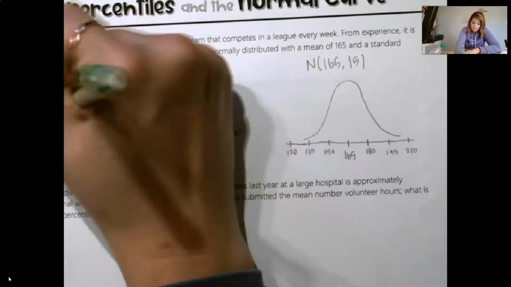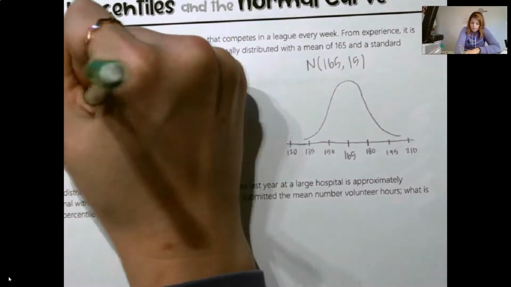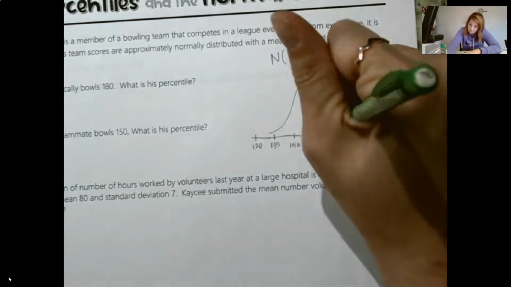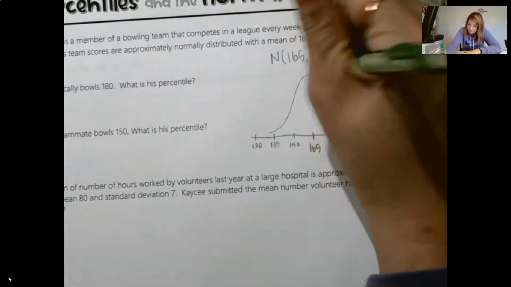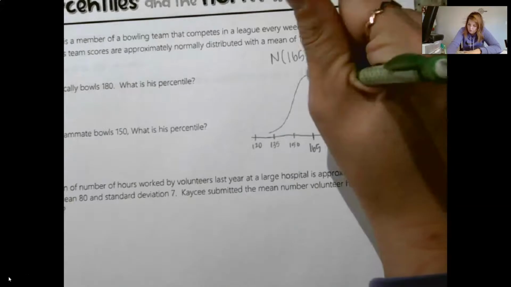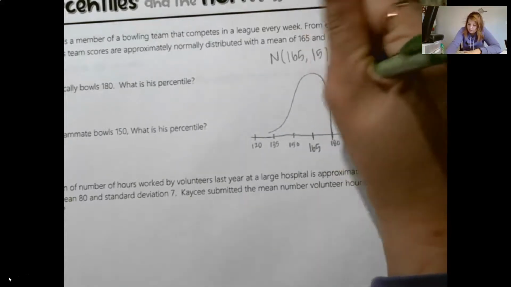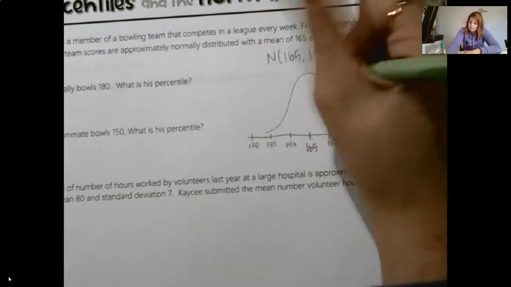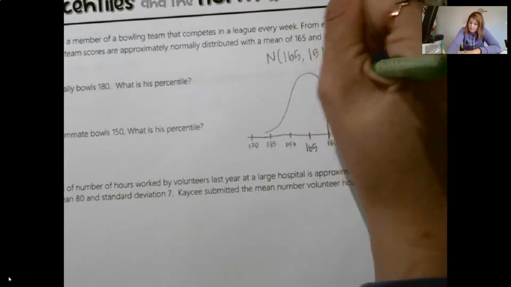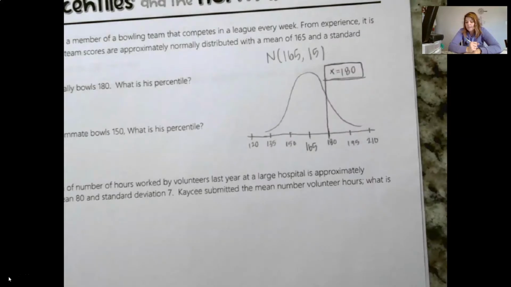Okay, so X is 180. So we're going to go over here and we're going to mark that. And I want you to put a little flag on it because that's going to become really important in the next unit. So this flag is planted at X is 180.